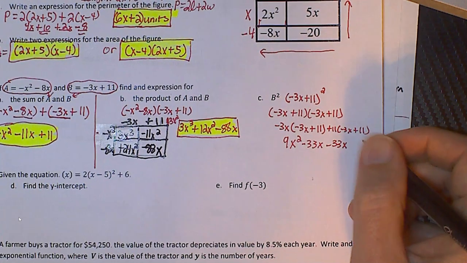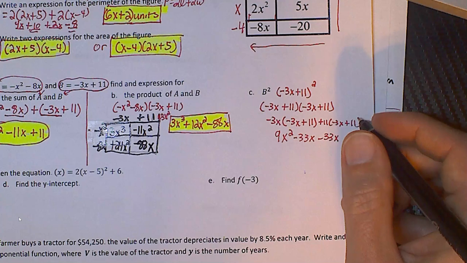See, it's making a perfect square. No, it can't make a perfect square trinomial.